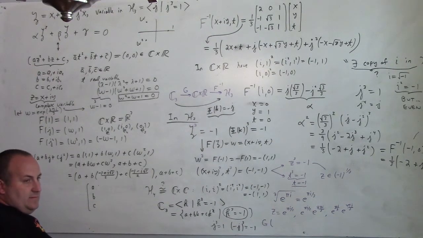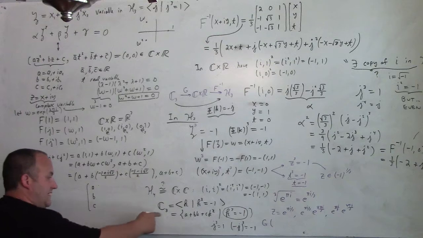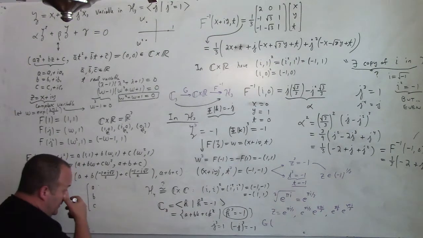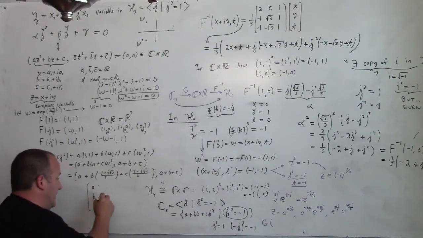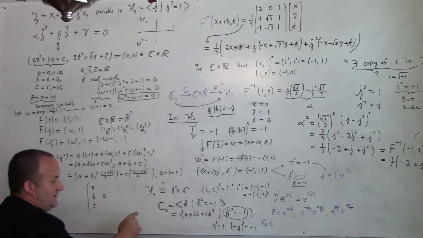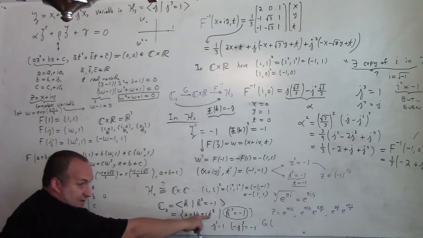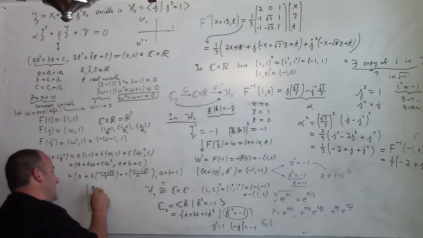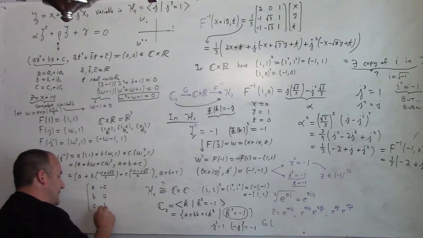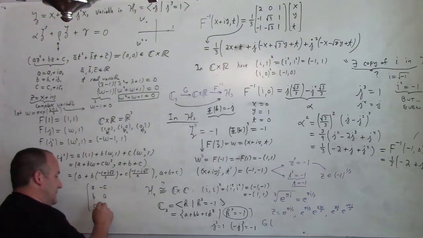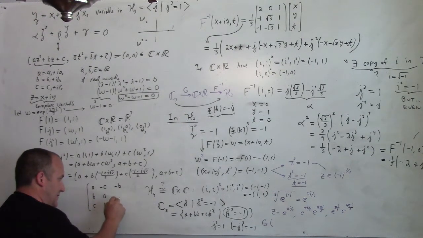Because we're working in R3 where 1 is e1, k is e2, k squared is e3, going back to day 1 or 2 stuff. The next one I multiply by k, so a goes down here, and c times k gives me k cubed, which is -1, which puts a minus c up here, and then b moves down here. And then next up, you get minus b, minus c, a, I believe.